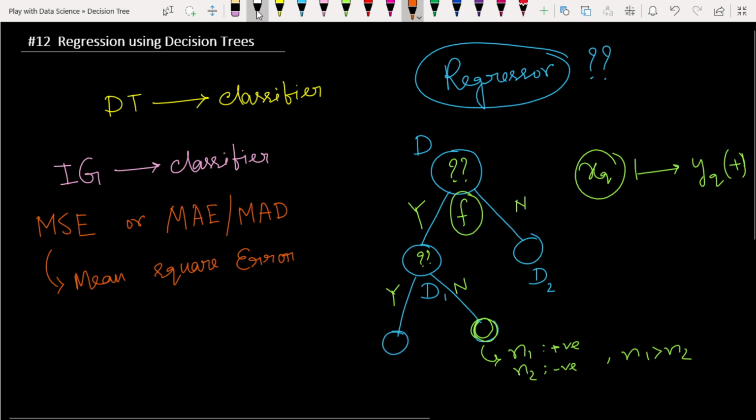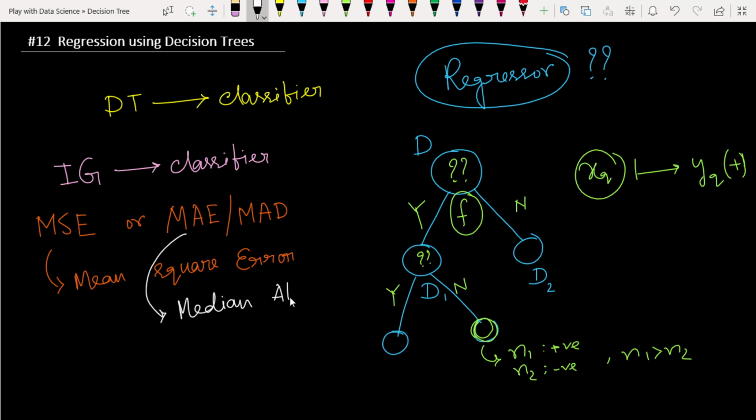This thing is called the median absolute error, or median absolute deviation.